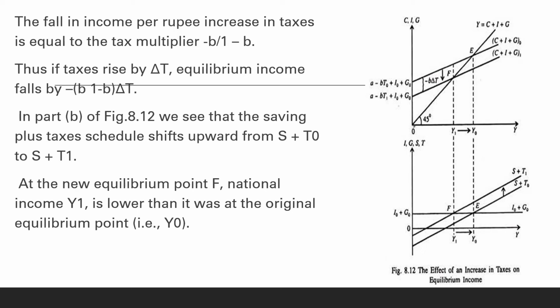At the new equilibrium point F, the national income Y1 is lower than it was at the original equilibrium point, where the national income was Y0. Now it is lower than Y0, that is Y1.